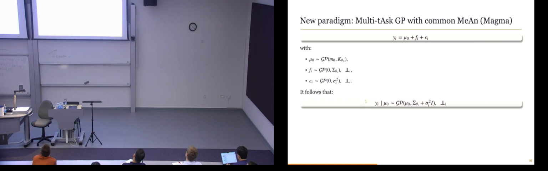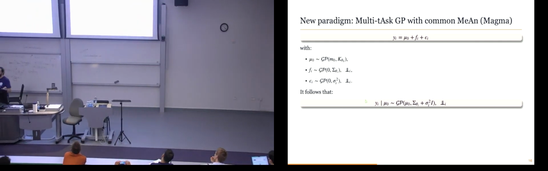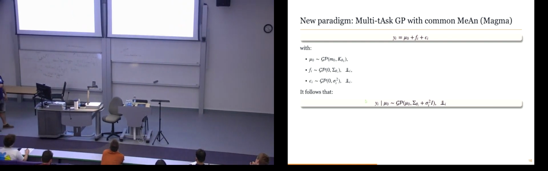And from this, just from those hypotheses, it follows that conditionally to mu_0, which of course is a latent process, it's unobserved, just a quantity we made up for the purpose of what you'll see afterwards, it's still Gaussian, and more importantly, Gaussian and centered on mu_0. So all individuals are conditionally independent, conditional on mu_0.